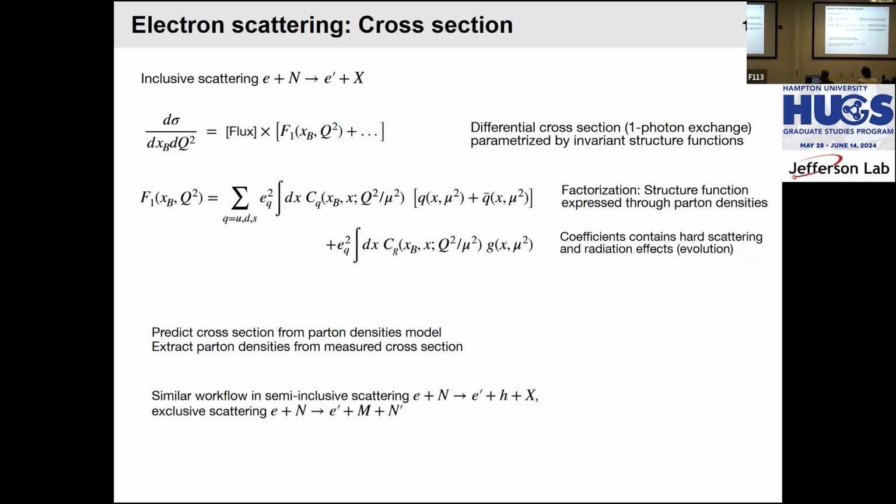Now, here we presented this workflow for inclusive scattering, which is the simplest process. A very similar workflow governs semi-inclusive scattering, where we look for example for some identified hadron in the final state, or even exclusive scattering, where our hadronic final state involves the original nucleon plus some meson or photon. So it's all variations on the same theme.